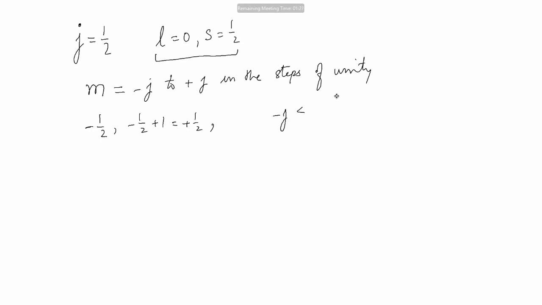And what is our condition? Our condition is that this M should be in between minus J and plus J, because M max is my J. Therefore, only two values are possible.